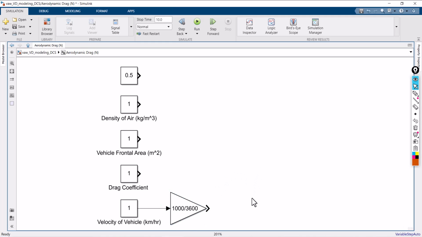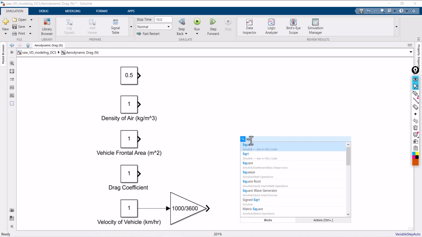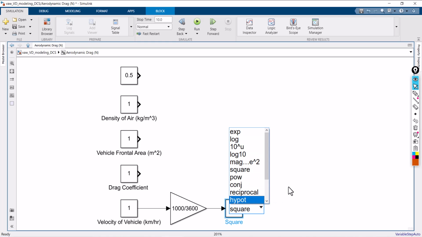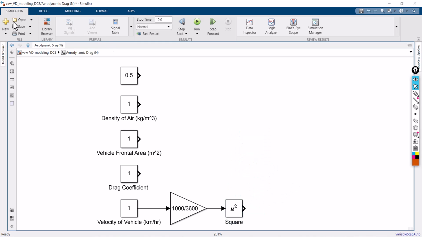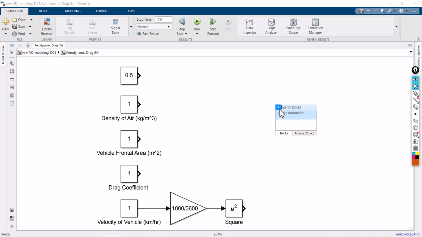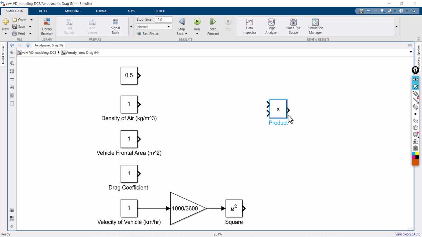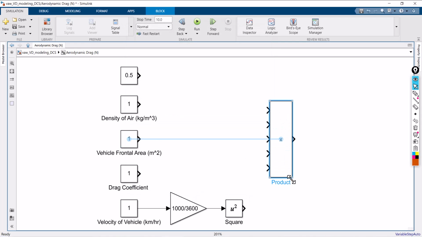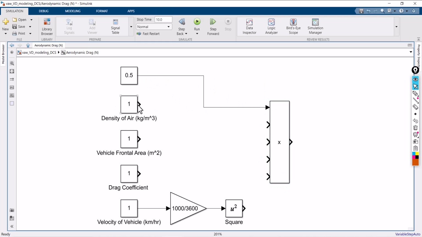And as per the equation, it is V square. So let me take square. Similarly, you can multiply all the terms: half into rho into AF into CD into V square.